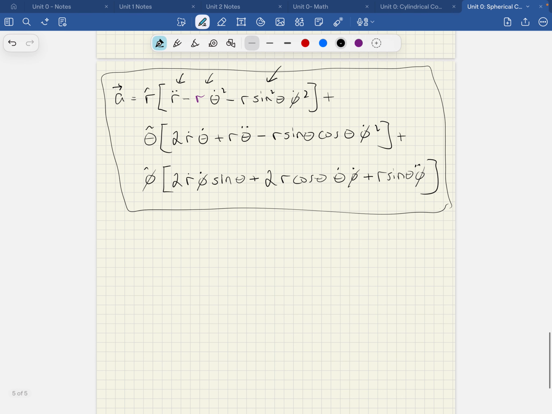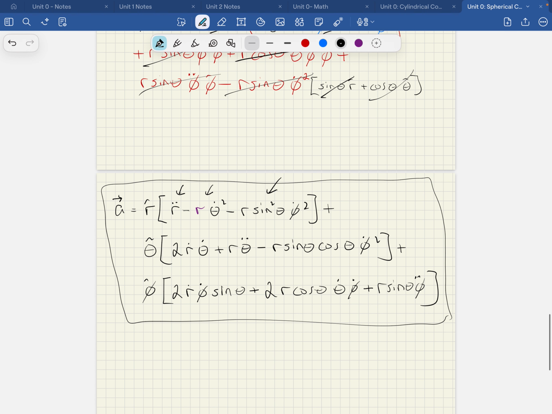That centripetal acceleration has an r component, it has a theta component. It does not look like it has a phi component.